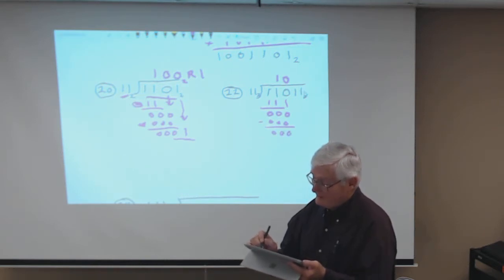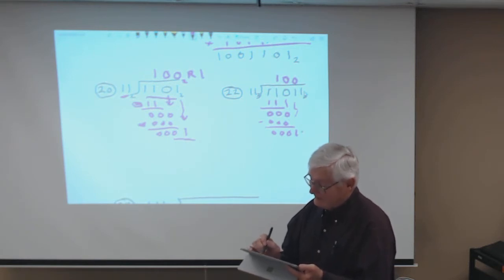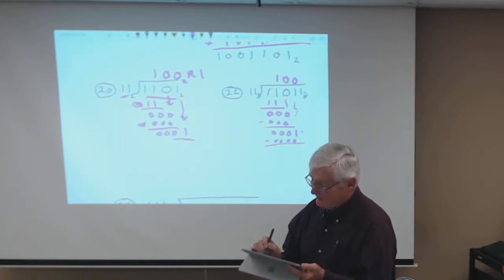Bring down another 1. What's 1, 1 into that? 0. Bring down another 1. Okay, so now I'll do it again. So that's 0, 0, 0, 0, subtract 0, 0, 0, 1. Bring down the other one.